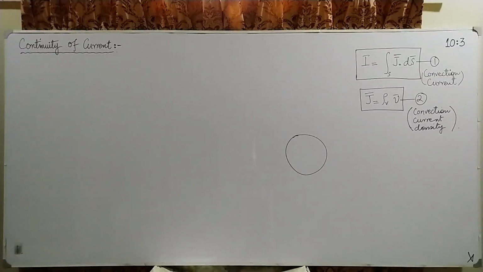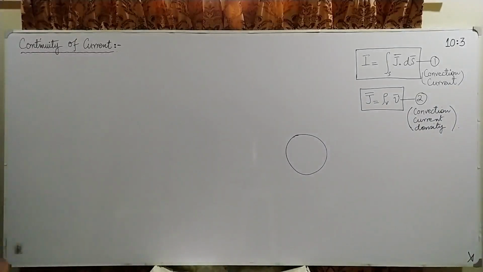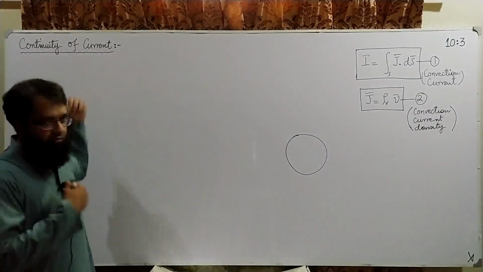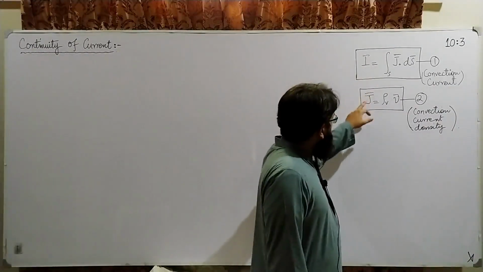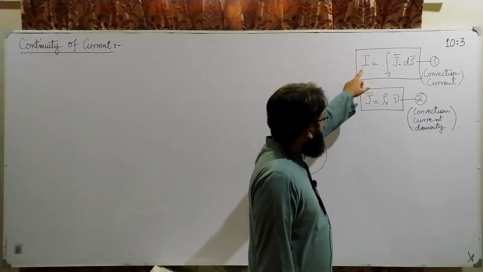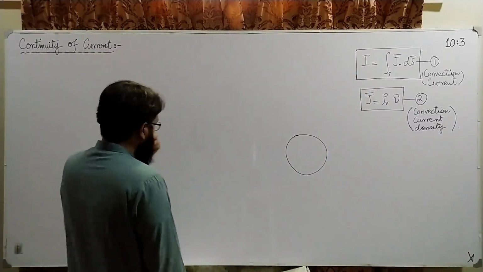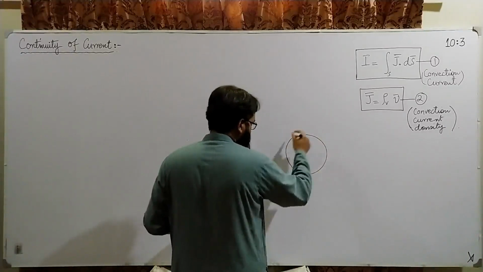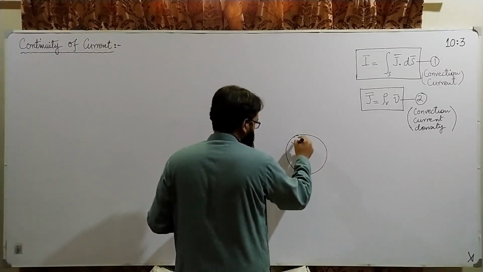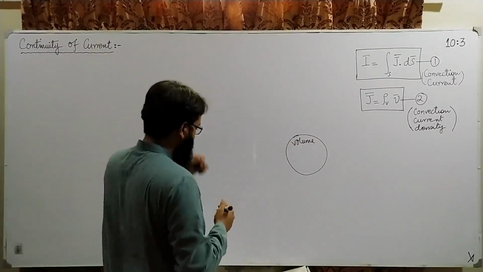So before concluding this lecture, I would like to discuss a very important relationship known as continuity of current, and the equation we'll get at the end of this topic is known as the continuity equation. So far we have discussed two equations, one for convection current and one for convection current density. Now for continuity of current, let's consider a volume, which is enclosed by a closed surface.